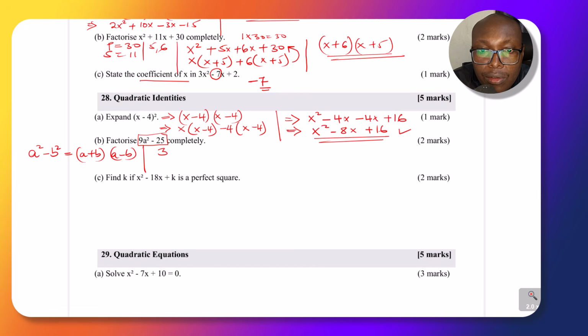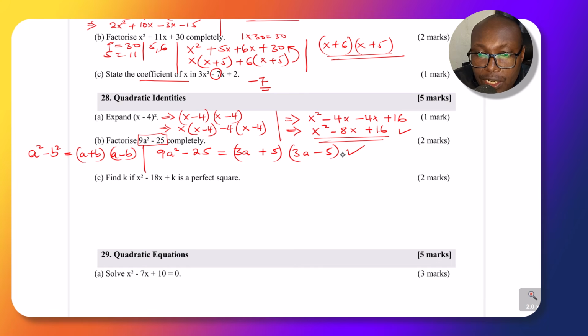So let me write the whole thing here. 9a squared subtract 25 will be given by the square root of 9a squared, which is 3a, plus the square root of 25, which is 5, then 3a minus 5.